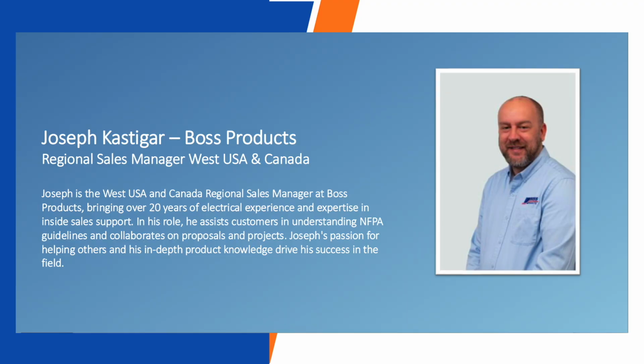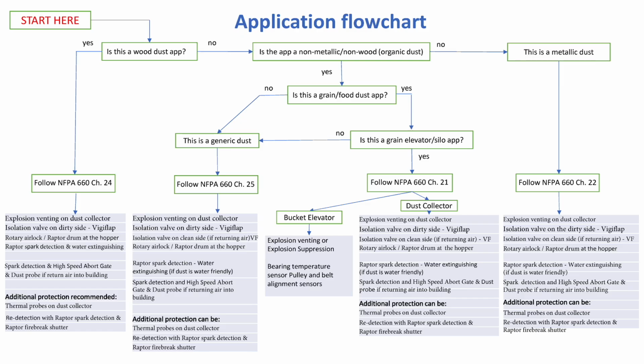Thanks, Matt. Next slide, Andy. So when we talk about different types of protection and different types of safety equipment for combustible dust applications, we use what is referred to as the NFPA, which is the National Fire Protection Association. In that code, in that standard, it talks about different commodities.